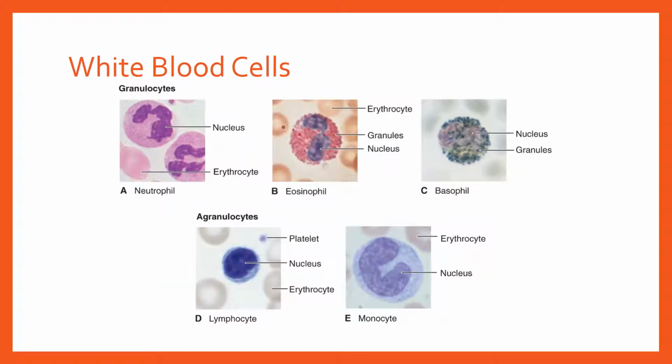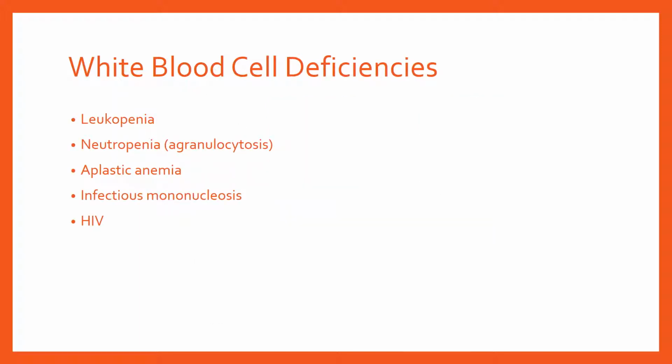So again, this is the same slide. What happens if we have white blood cell deficiencies? We can have leukopenia, a deficiency of leukocytes in general.